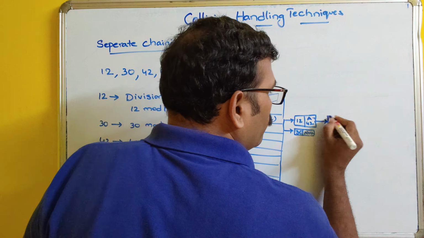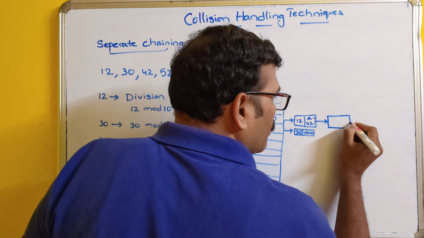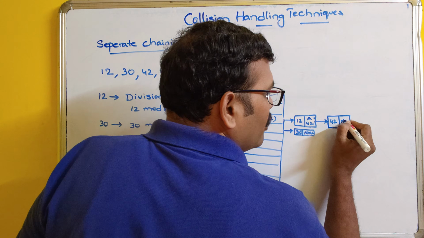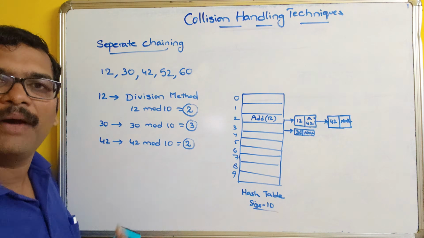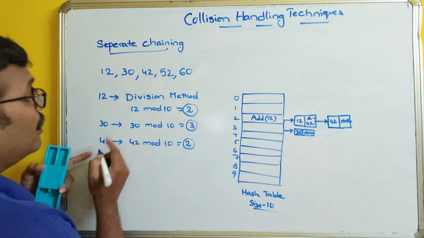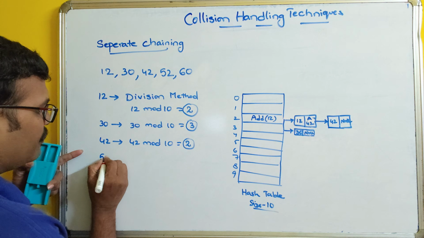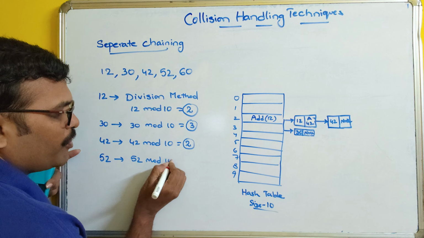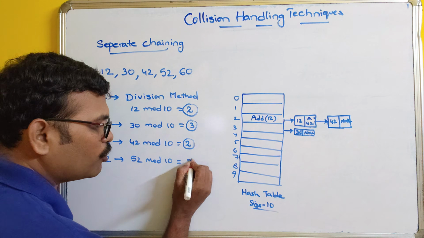And here we need to create one more node, one more linked list with an element 42, and the second part, the address, will be null. Now, the fourth element, 52. Again you can see 52 mod 10 gives 2.